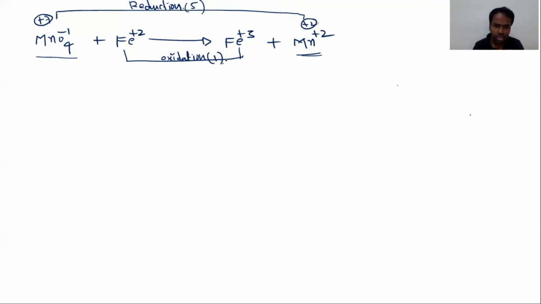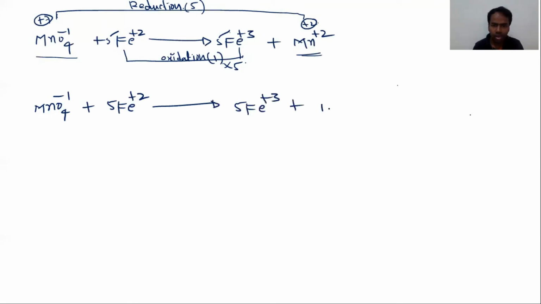So multiply this reaction by 5. When you multiply this reaction by 5, this is 5 and this is 5. Now the equation becomes: MnO4 minus plus 5Fe plus 2 to form 5Fe plus 3 plus Mn plus 2.